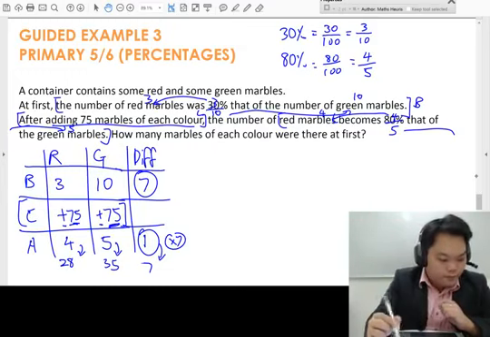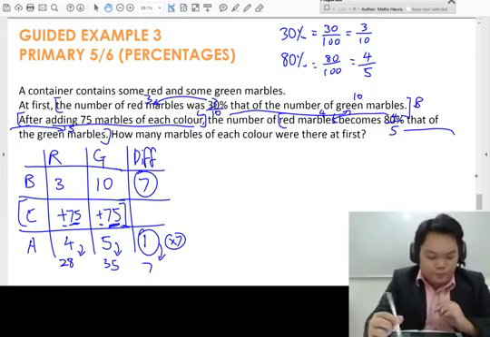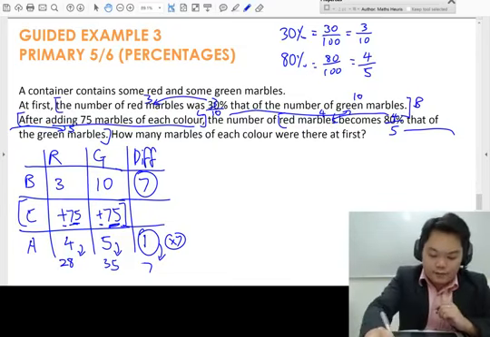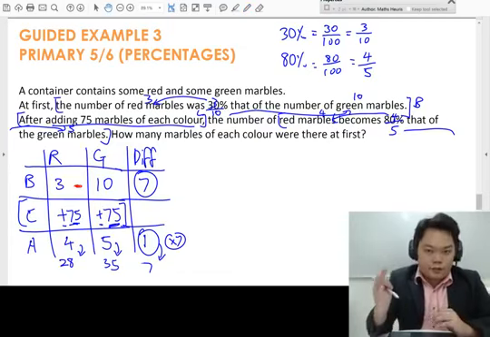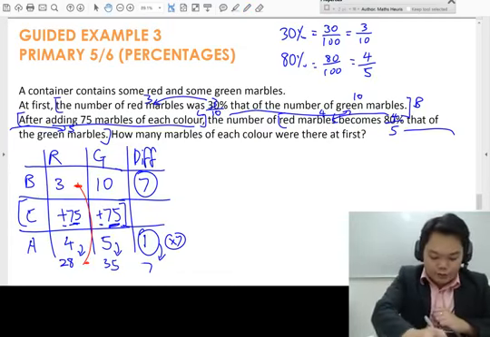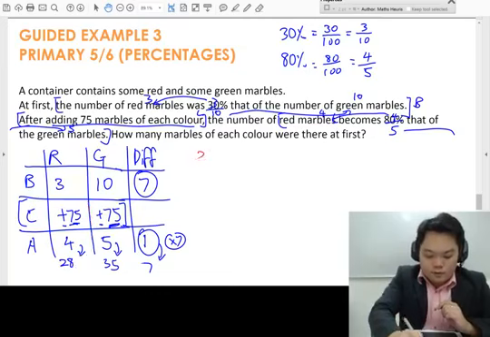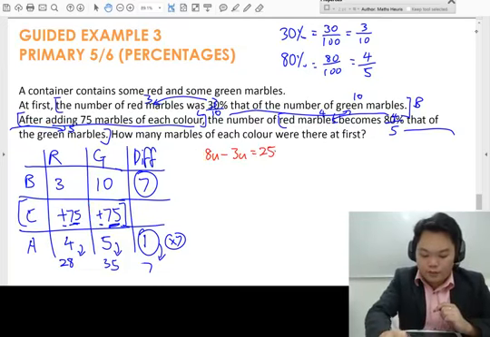Okay? So once we got that, we can say that before that I got 3 units. Then later I increased to 28 units. There was a change of 25 units.